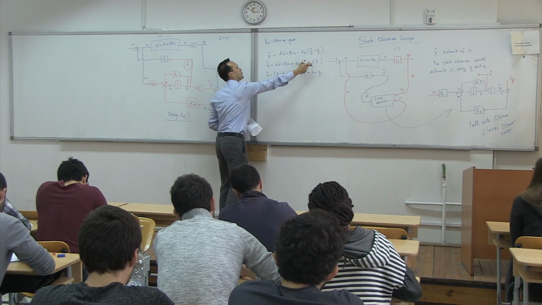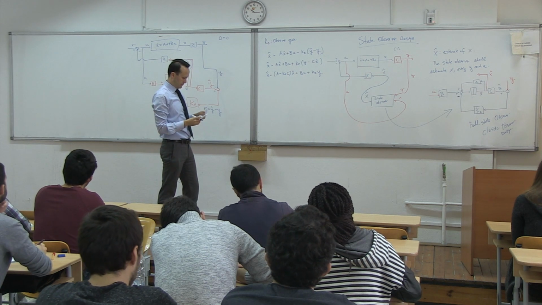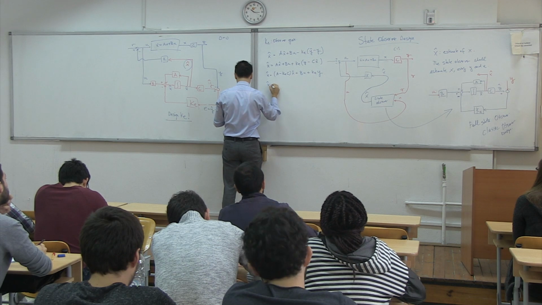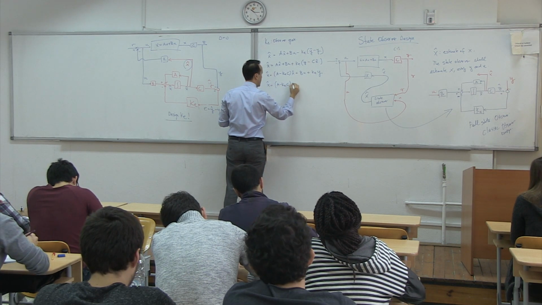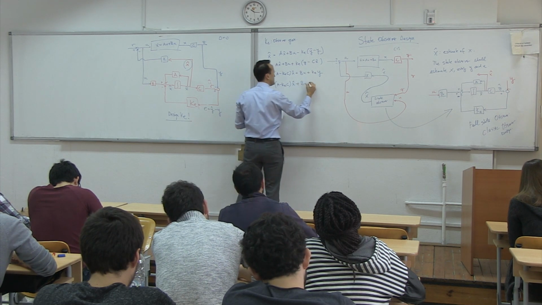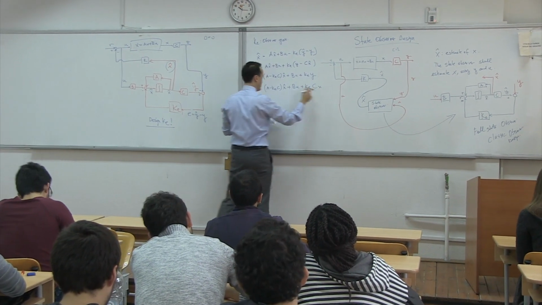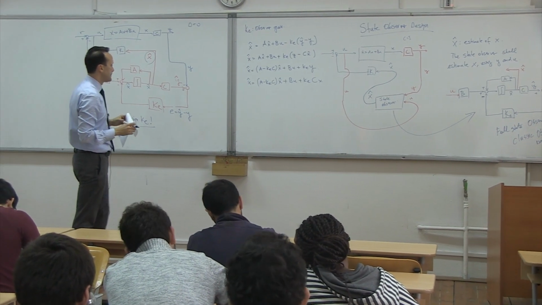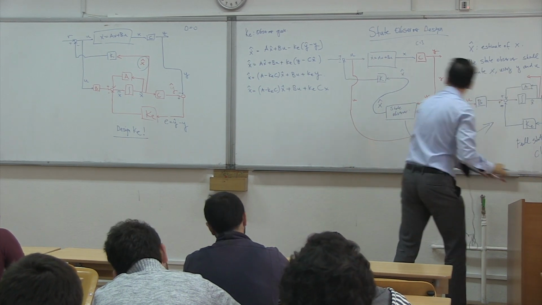So I just took this into the x hat parenthesis: a minus ke times c, x hat, plus bu plus ke times c times x. So now I'm writing this c times x. Okay? And this is what we call the observer dynamics.